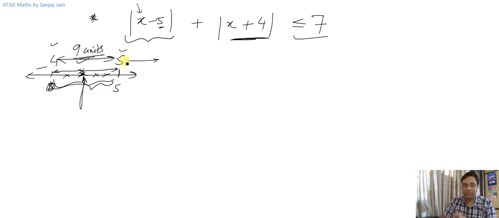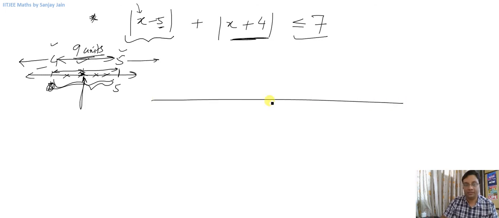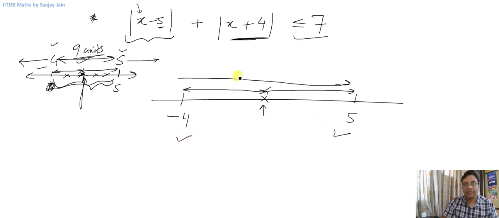It will become more than 9 units. Or in the similar fashion, if I go below negative 4, it will again become more than 9 units. What I am trying to say here is, any number between negative 4 and 5, if I add the distances for this number from negative 4 and 5, it will give me 9 units.